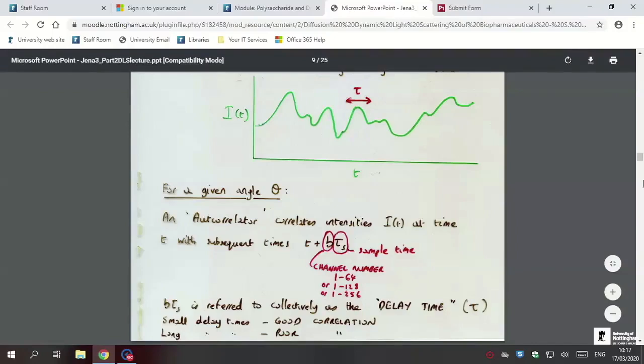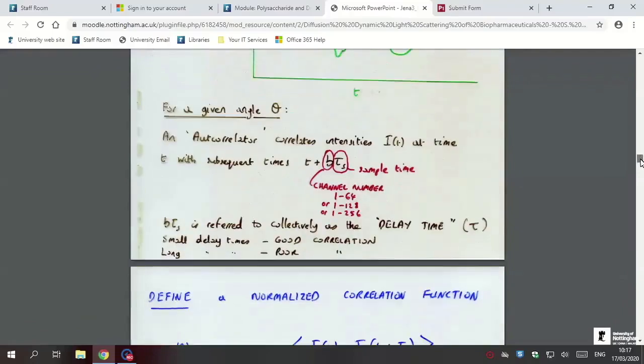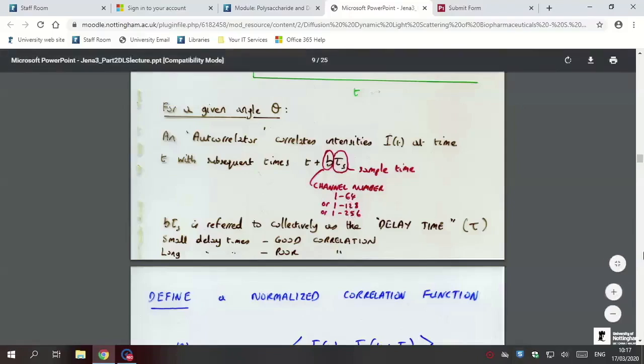That's maybe your GSKs, people like that, who have that sort of stuff, but we don't need that. So these are the comparison times, sample times, which you set, at 64, 128 or 256 intervals.